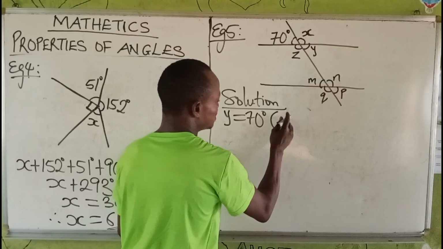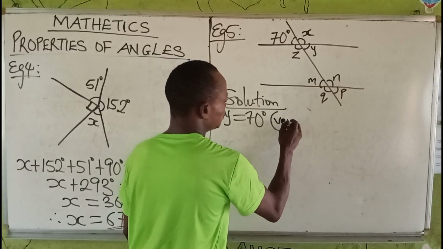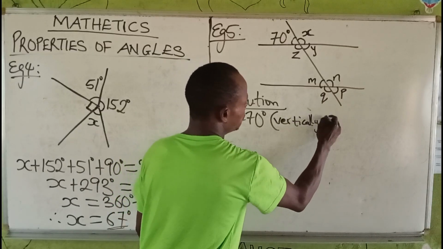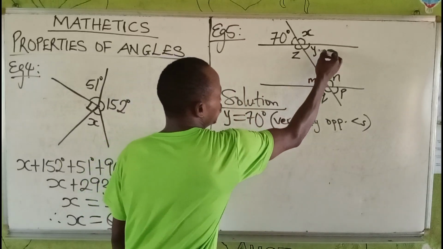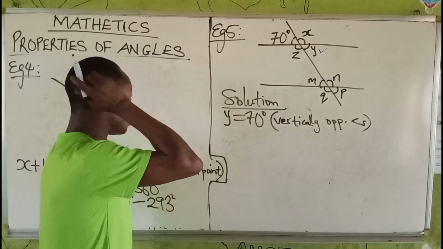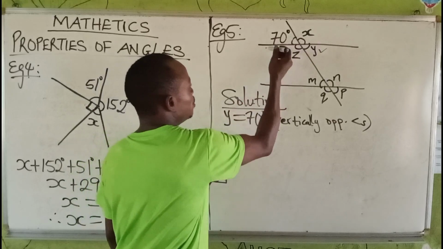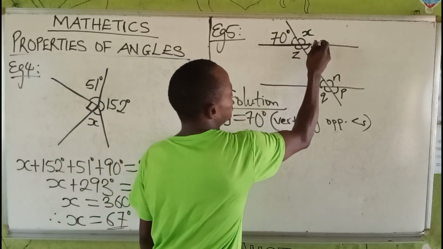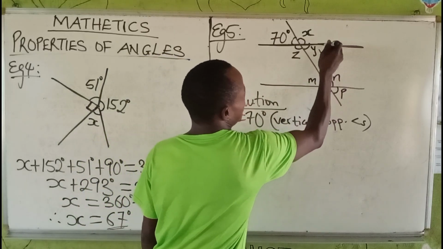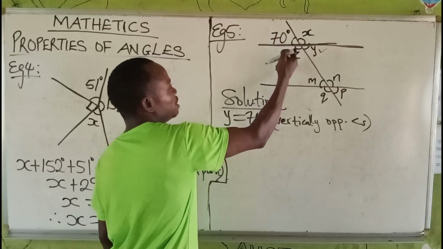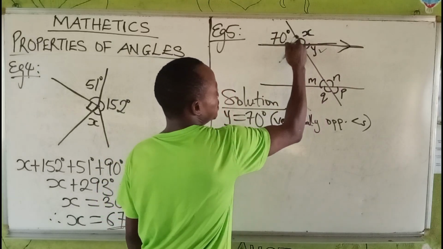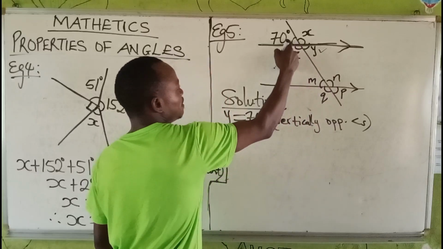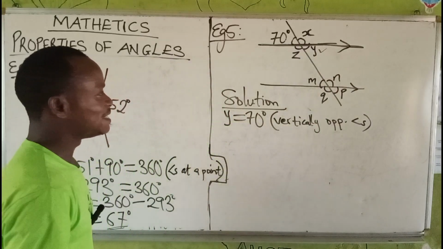And the reason is vertically opposite angles. Now, we've gotten y. We can look for angle x here because, like I said, this is a straight line. And since it is a straight line, it means these 2 angles are meeting on this line. So that means 70 plus x is 180 degrees.